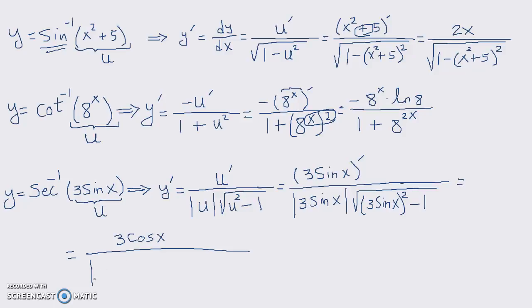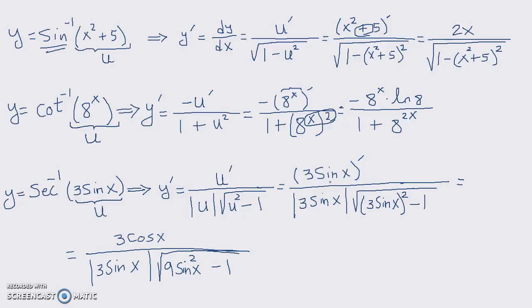And then everything in the denominator repeats. Here you see that instead of 3 sine x squared, I'm writing 9 sine squared of x, which is equivalent to what we have.